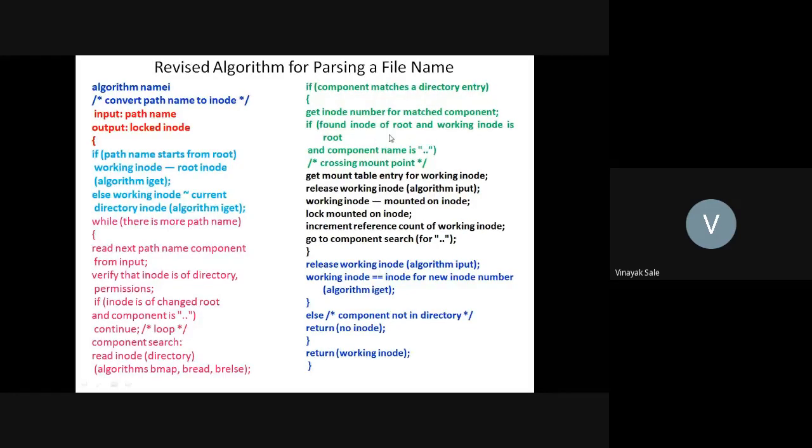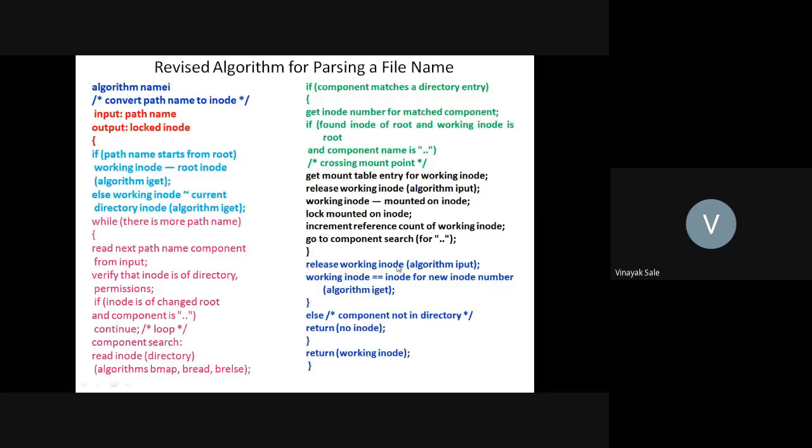If the found inode is the root, the working inode is root and the component name is dot dot, then get the mount table entry for the working inode. Release the working inode with the algorithm iput. Working inode is the mounted on inode, lock the mounted on inode. Increment the reference count of the working inode. Go to the component search for dot dot.